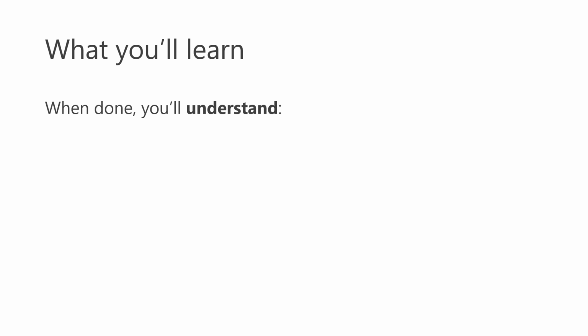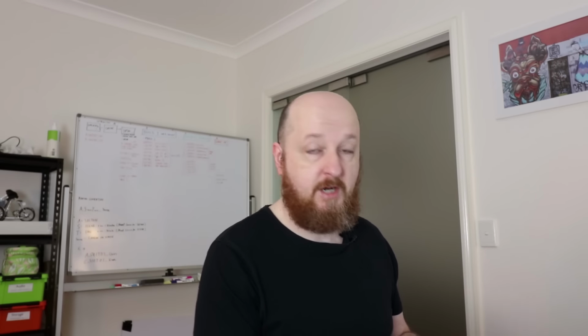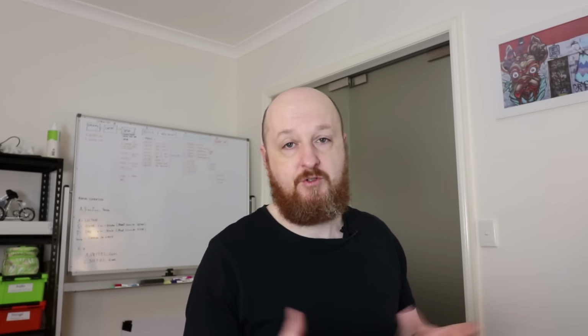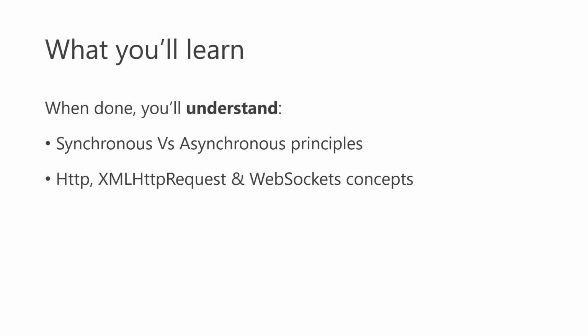So what you'll learn when done: you'll understand synchronous versus asynchronous principles, just generally, and also specifically with regards to C# programming, because it's a theme that recurs a lot throughout the tutorial, and it's something you have to understand, so we'll cover that, which may be a surprise. We'll go over HTTP, XML HTTP request and WebSockets, just as a bit of background to what WebSockets are and why they exist.